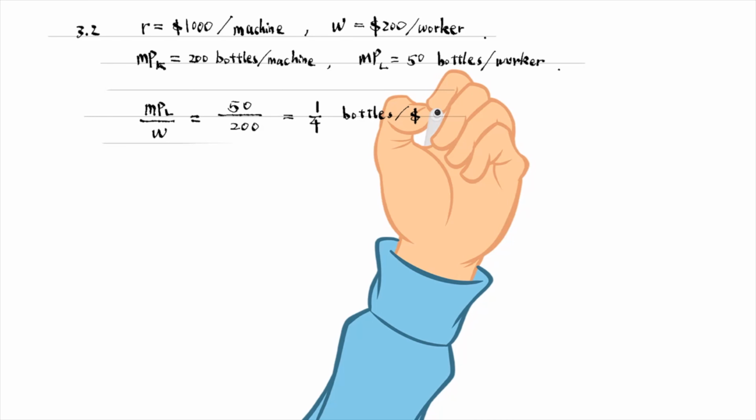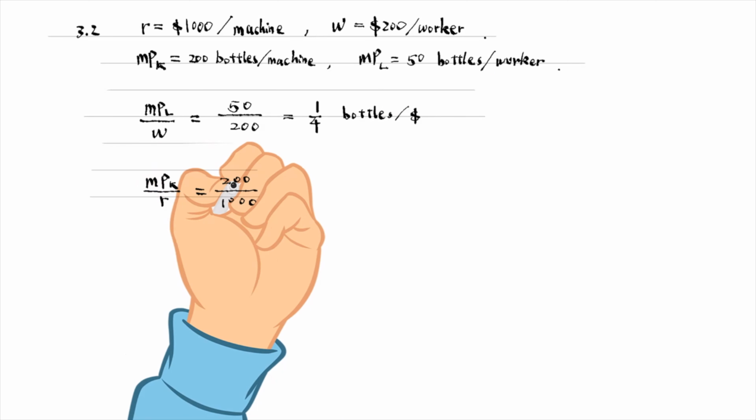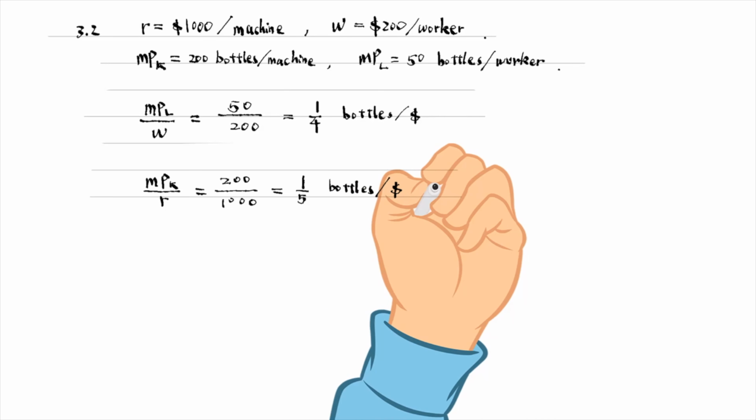It is 1/4 bottles per dollar. The marginal product of capital divided by the cost of capital is the marginal product of the last dollar spent on capital. It is 1/5 bottles per dollar.